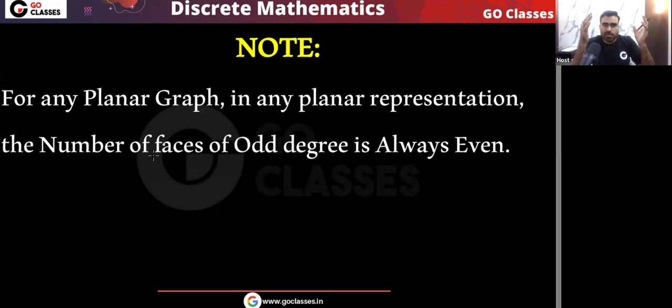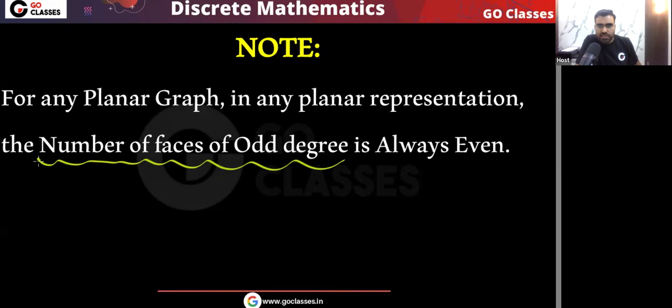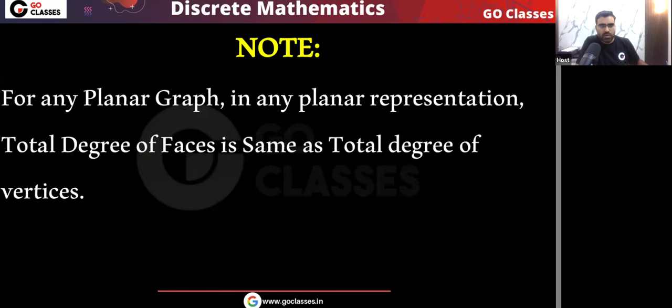If you remember, the summation of degree of all the vertices is twice the number of edges. So finally, the number of odd degree vertices is always even. Similarly here, the number of odd degree faces is always even. Is this clear? So remember, the number of faces of odd degree will always be even. I hope you understood.